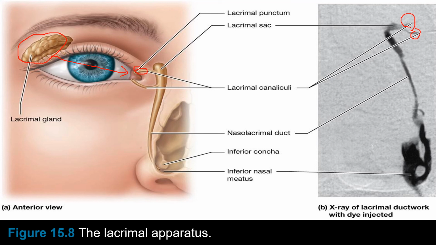The lacrimal sac then goes down through the bone and into that inferior nasal meatus, draining out through your nose. So your runny nose is actually just more tears.